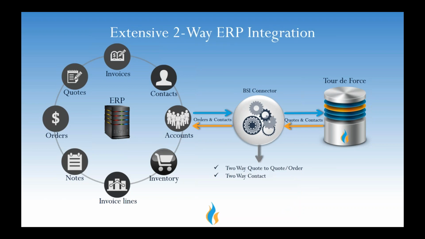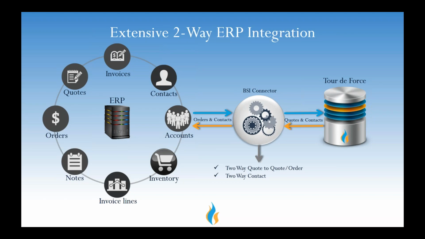And then ultimately with some of the ERPs, now Infor SX.e is the main one that we do two-way integration with, but we do have two-way integration with our quote-to-quote and quote-to-order process, as well as two-way contact sync. Now again, the integration to Infor SX.e is typically where we do this. We have had a few questions about Infor Fax. We do have a two-way contact sync with that, but a lot of those, unfortunately, the legacy systems like Take Stock and A+, just don't have much flexibility for us.